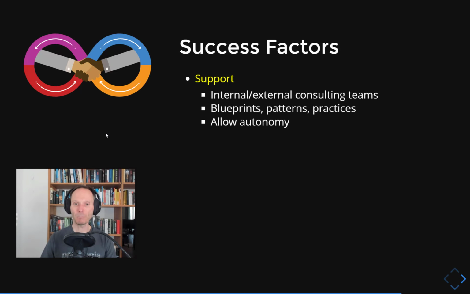They will need somebody they can bring into their project for a certain amount of time, and who works with them to solve really hard problems. It's also useful to build a collection of blueprints, a collection of patterns and practices for typical problems which teams in an organization are often faced with.